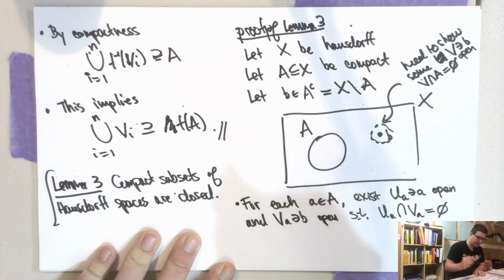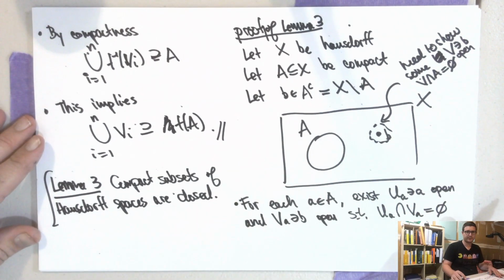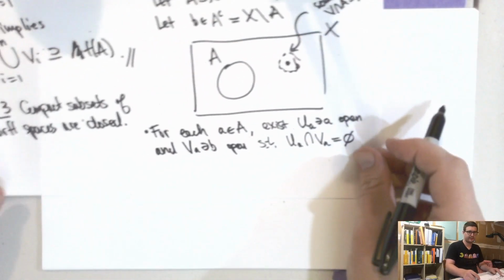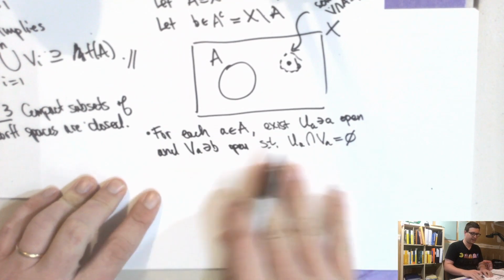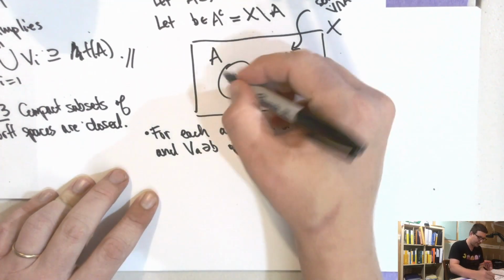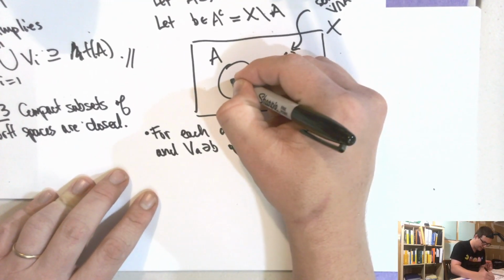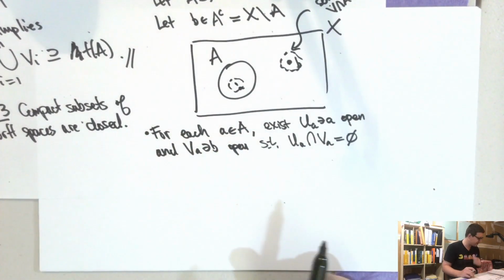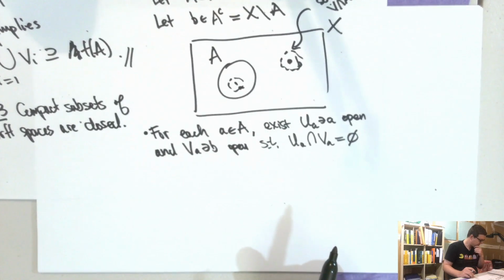Okay, so that's the definition of Hausdorff. You can find an open set around a and another open set around B so that they don't intersect.